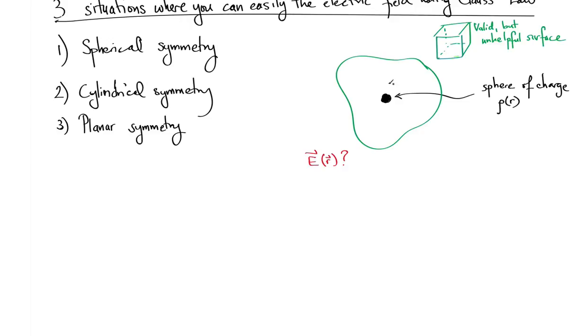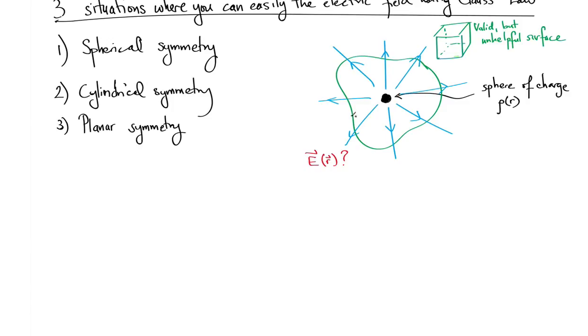It looks identical from every direction. I can assume that the electric field will be radial. I don't know what the strength of the electric field will be as a function of distance, but it should be coming out radially like this, roughly speaking. I haven't solved for the field, but this is a good assumption that the field distribution should have this radial symmetry.